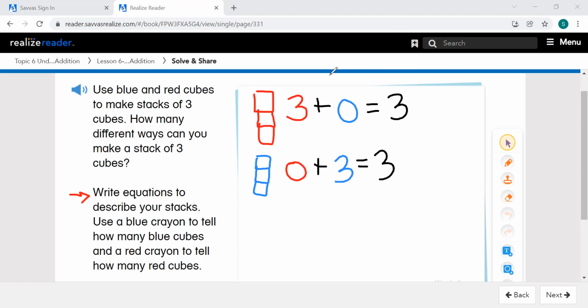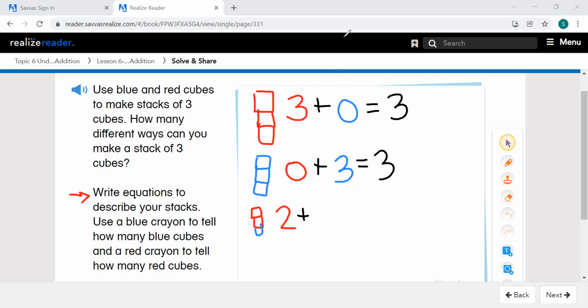All right, so let's make a stack of 3 cubes a different way. I'm going to draw 1, 2 red cubes, and then I'm going to add 1 blue cube. So now, how many red cubes did I use? 2.